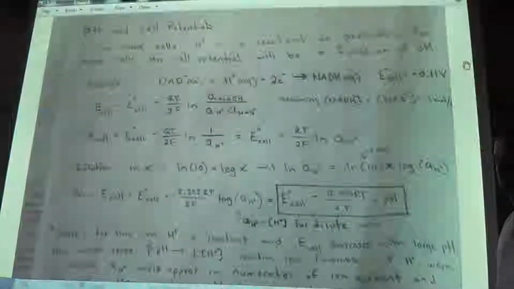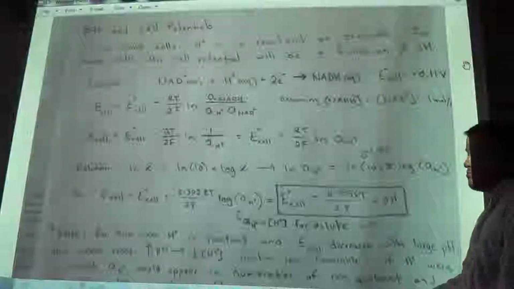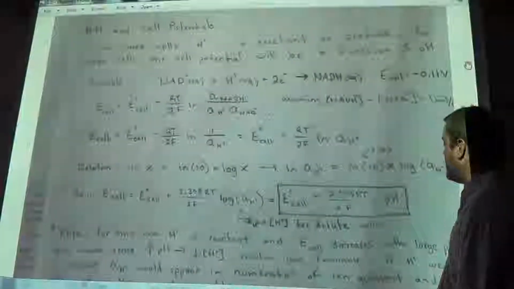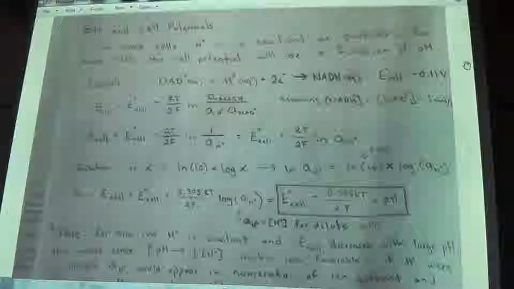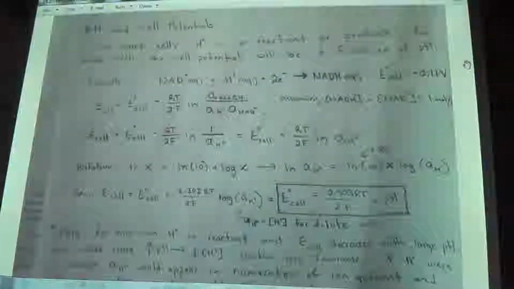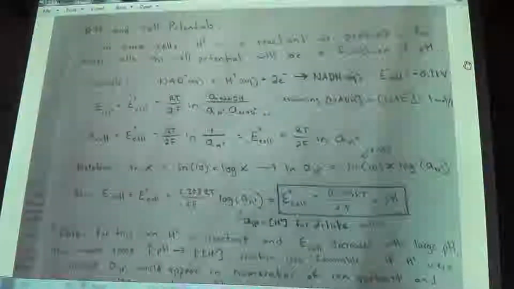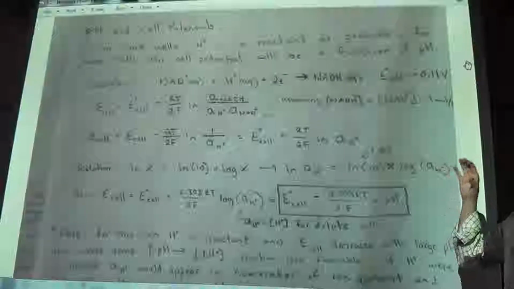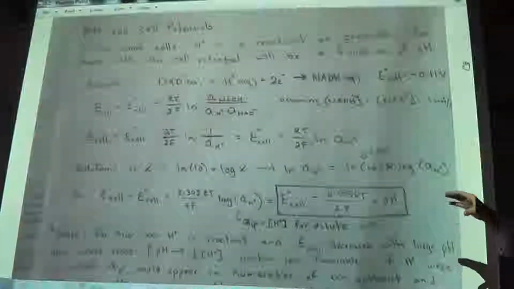So in this case, H plus was a reactant, right? If H plus is in abundance, do you expect the cell potential to be high or low? Do you expect the reaction to be favorable? So a large positive cell potential indicates a negative delta G, right? We said that.